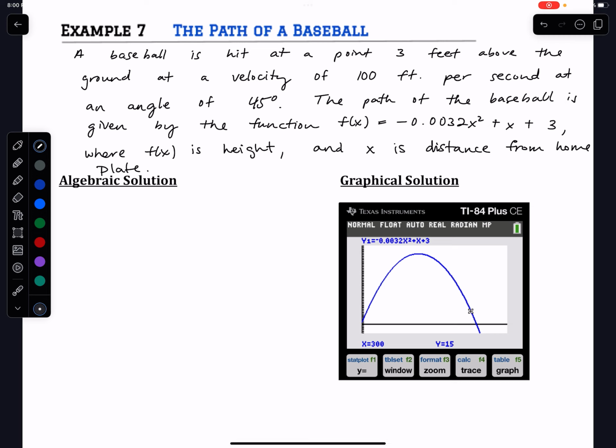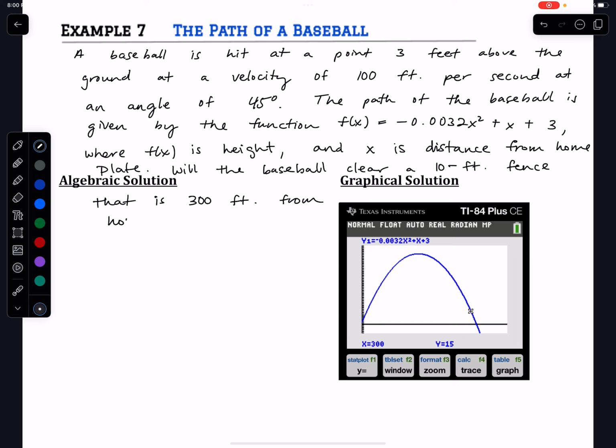Okay, question asks, will the baseball clear a 10-foot fence that is 300 feet from home plate?